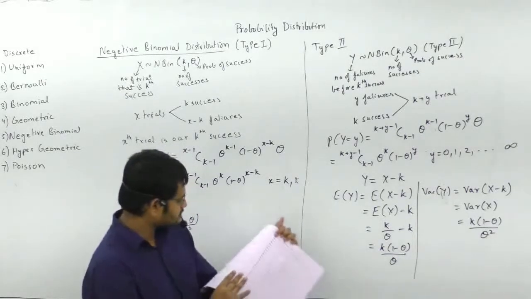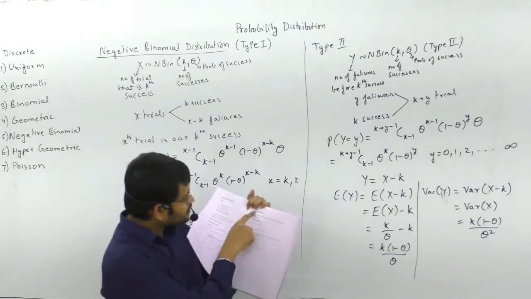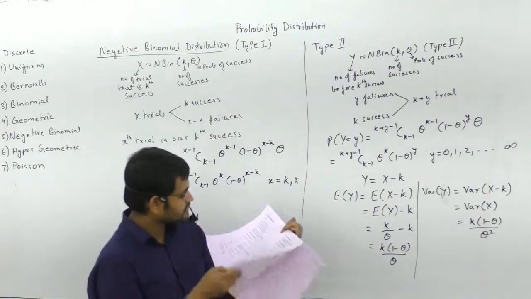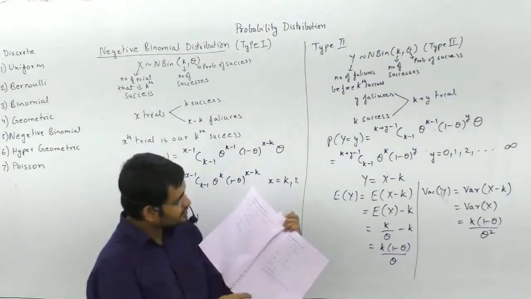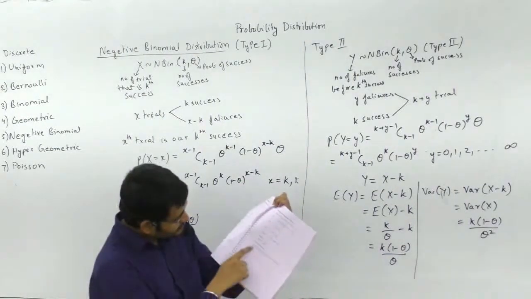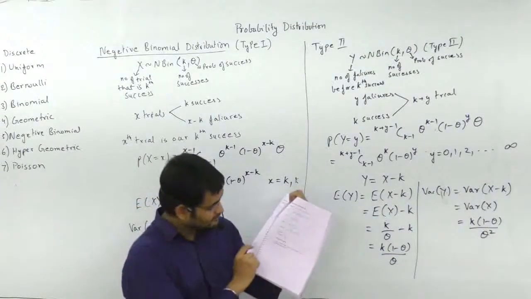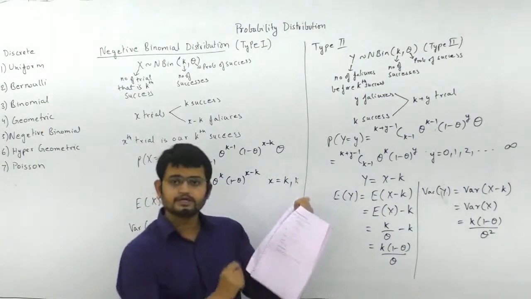First they have mentioned all the discrete distributions: we have binomial distribution, then Bernoulli's, Poisson distribution, then negative binomial type 1, negative binomial type 2, and geometric, where they have said the geometric distribution is the same distribution as negative binomial distribution with parameter k.